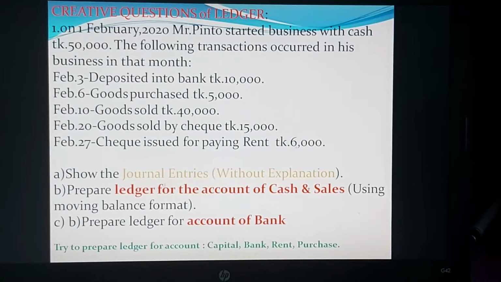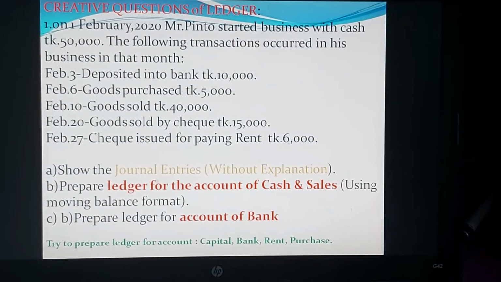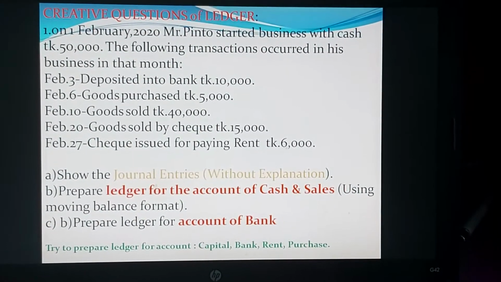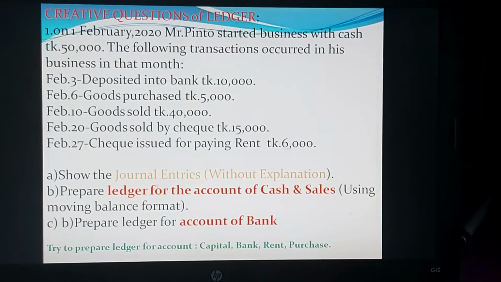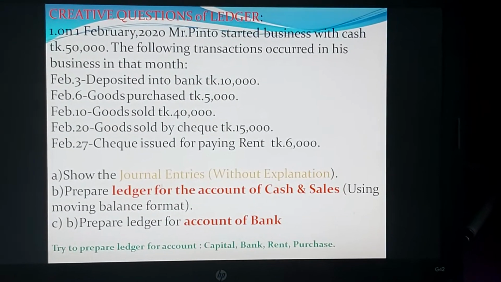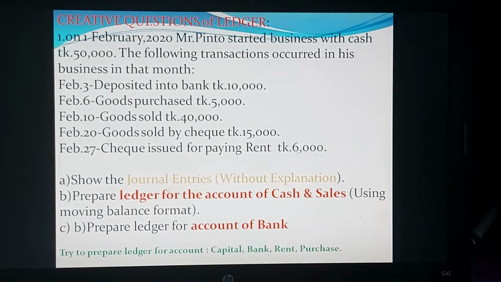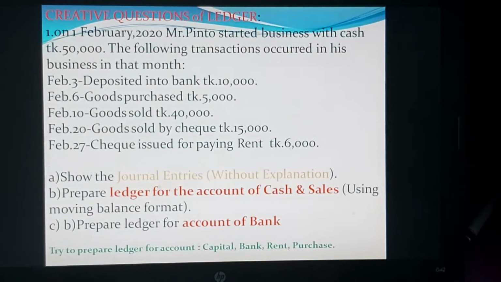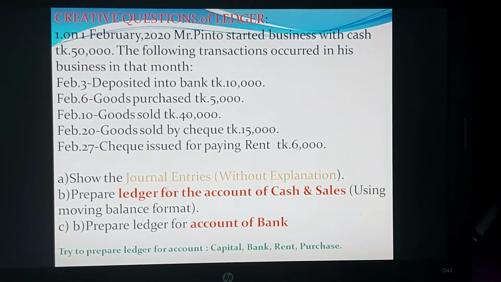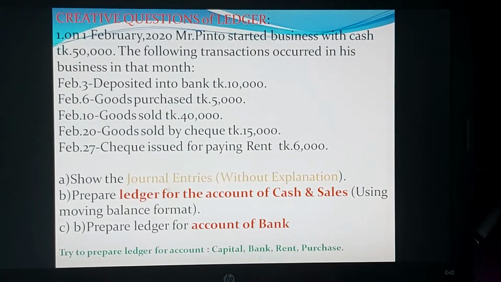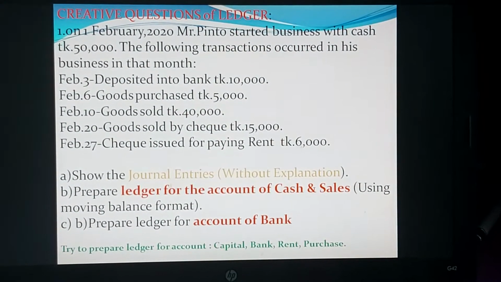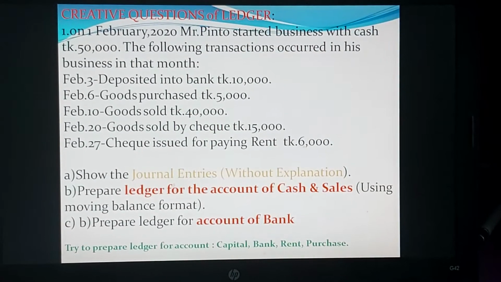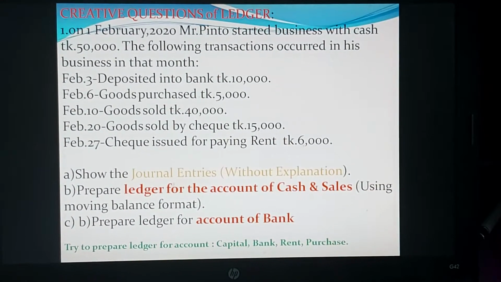Another benefit is given in this question: without explanation. For requirement A, at first you have to draw a format for the general journal entries. You know that totally 5 columns are available in the general journal format. Number 1, date. Second one, account title and explanation. Third one, ledger folio. Fourth one, debit taka. Fifth one, credit taka.